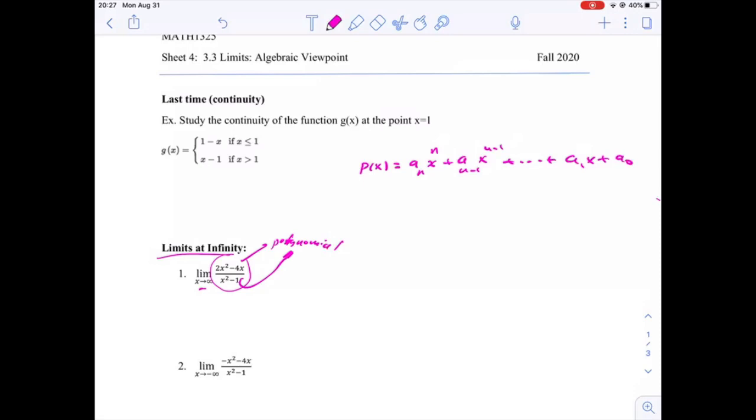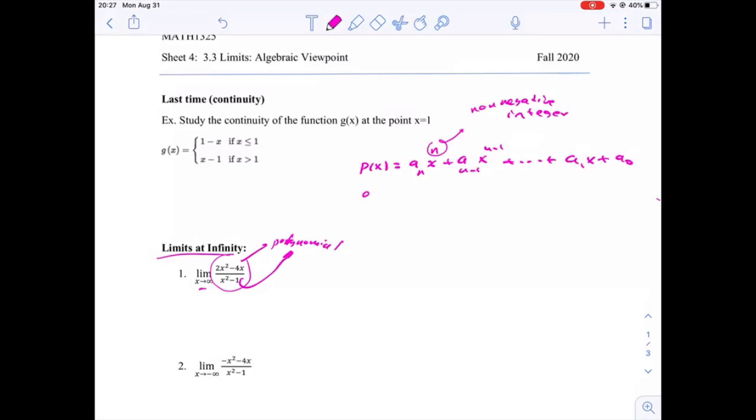This is a polynomial because it can be written in this expanded form, and n is a non-negative integer. What does that mean? That means n cannot be a negative value, for example negative 1, and it cannot be a fraction like 1/2.